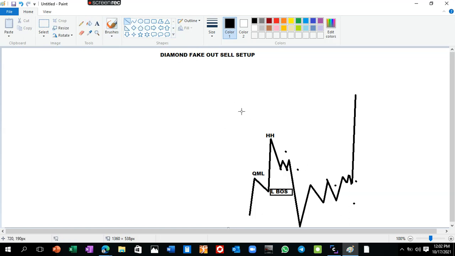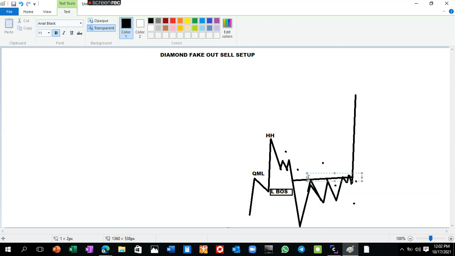Price breaks all these levels right here, and then they wonder what happened. So right here, let me just do something like this. Price came first and then it dropped like that. I'll label this as R1, which is resistance 1.